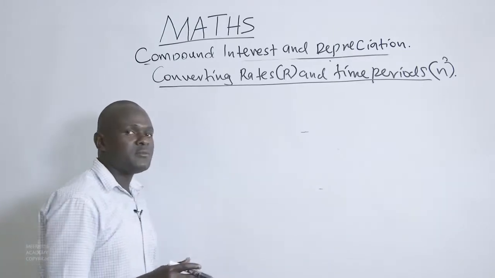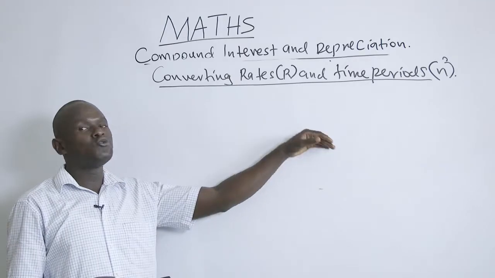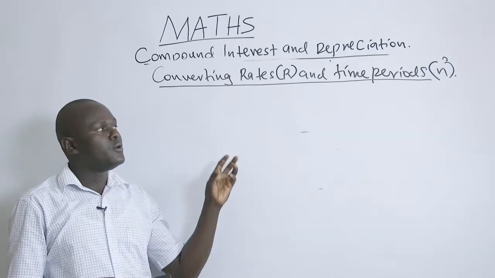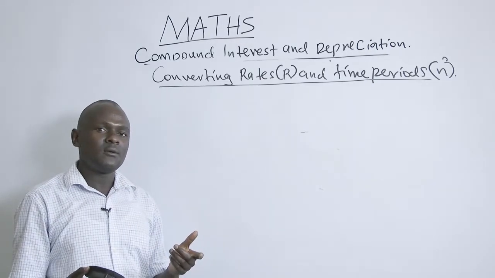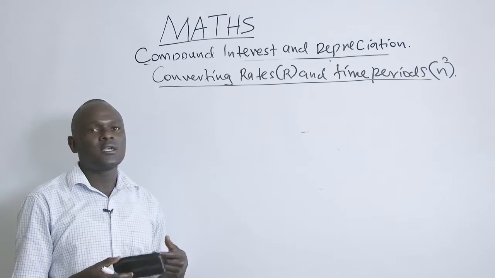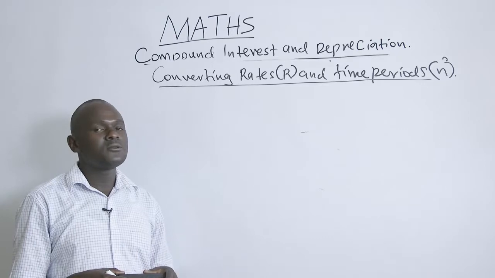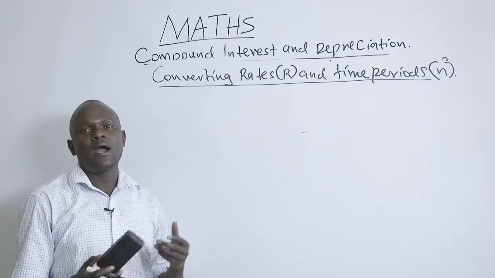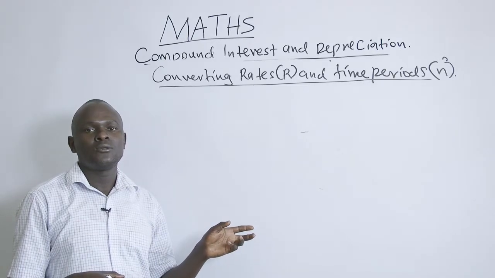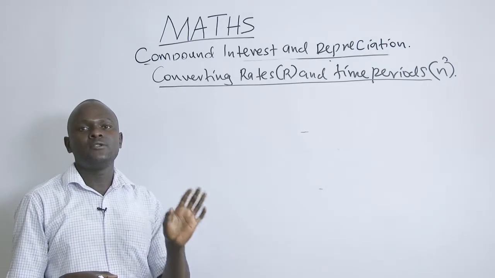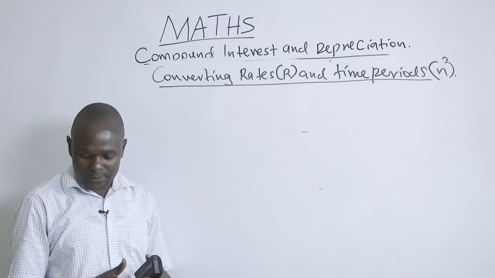If they're expressed in percentages, how do we convert them from percentages to fractions and to decimals? When we look at the compound interest formula, you will discover that we only use the rates that have been expressed in decimal form. And in our previous lessons, we looked at how to convert percentages to fractions and to decimals. We will just revisit those particular concepts.